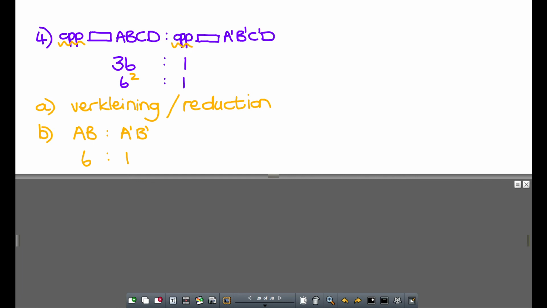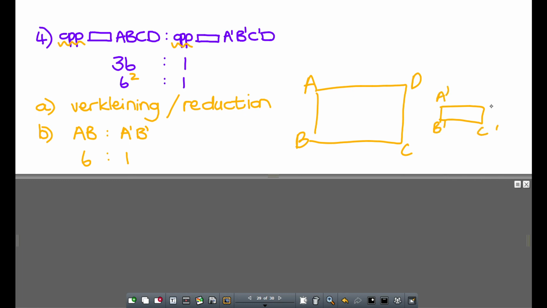It's from here. Remember, it was a big rectangle and then it was a small rectangle. So you're working on a small rectangle. So they're asking, let's say this was A, B, C, D, and then that will be new A, new B, new C, new D. So what will AB to new AB be? So this will be 6 times and 1 time.